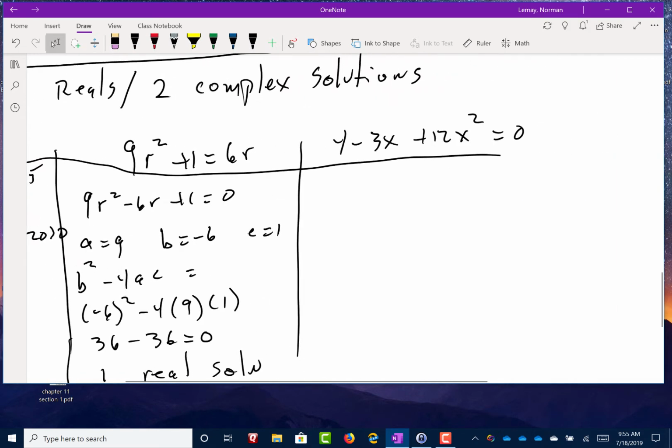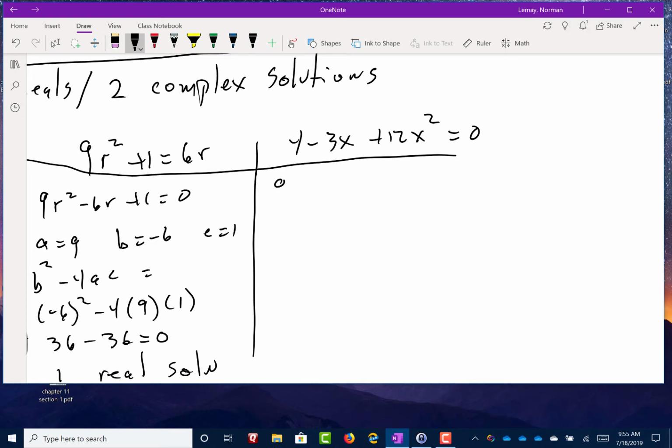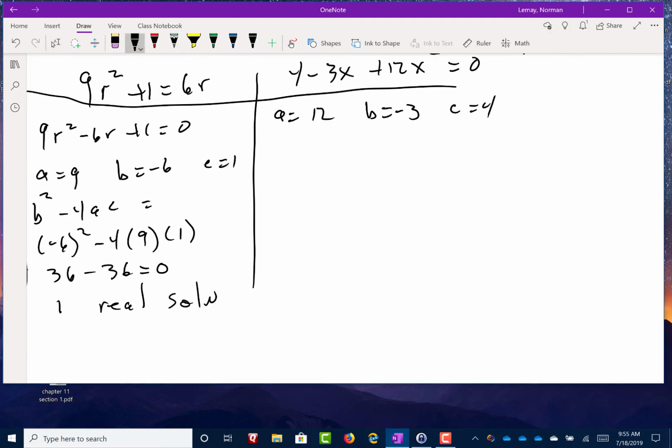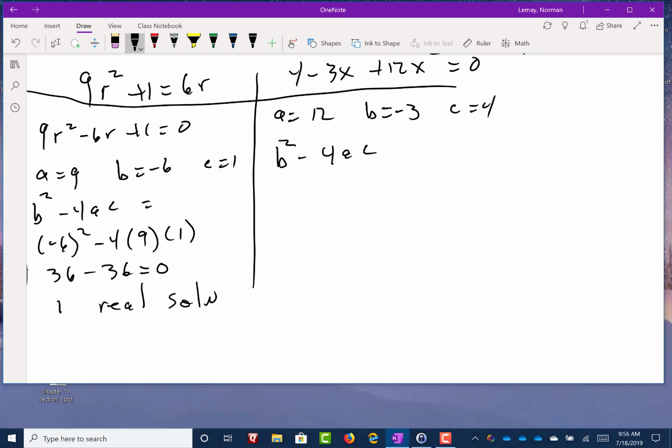Okay, and now over here notice that a equals 12, b equals negative 3, and c equals 4. If it helps, you can rewrite this as 12x squared minus 3x plus 4 equals 0. So again, b squared minus 4ac.